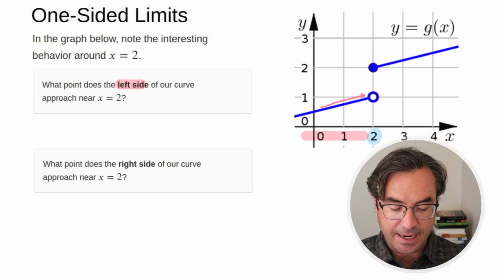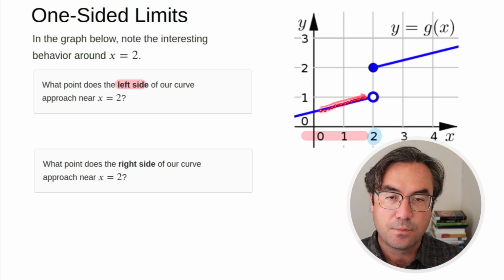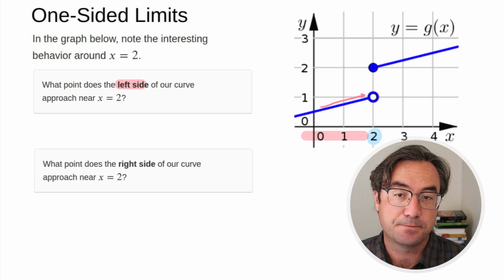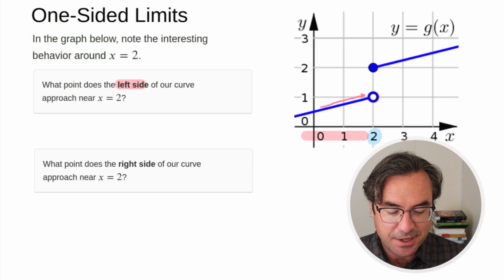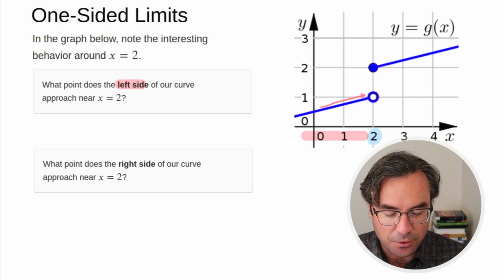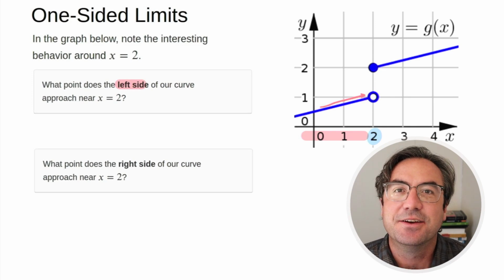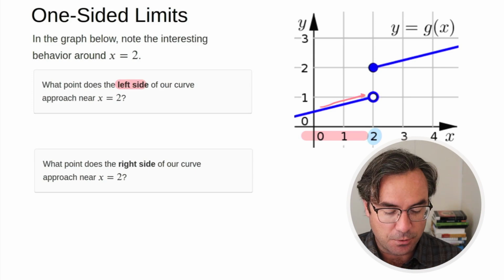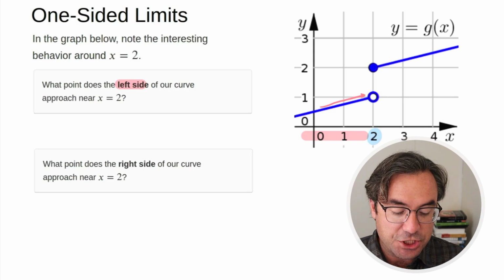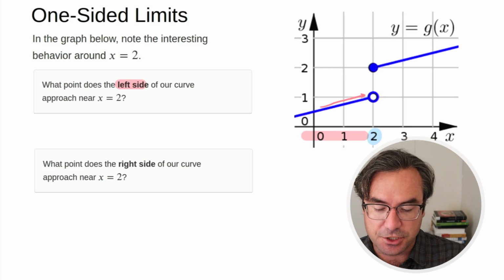So on the left side, as we walk along the path, we're getting closer and closer to this point. Now, because this point's not included, you can think of it like the edge of a cliff. We're getting closer and closer to the edge of a cliff, but we're not actually going to take that last step over the edge. So we're walking closer and closer, but we don't actually reach that specific point, which is missing from the graph of our function.